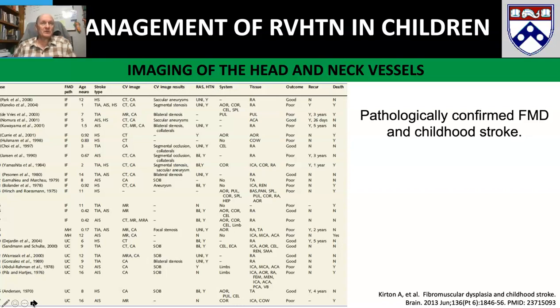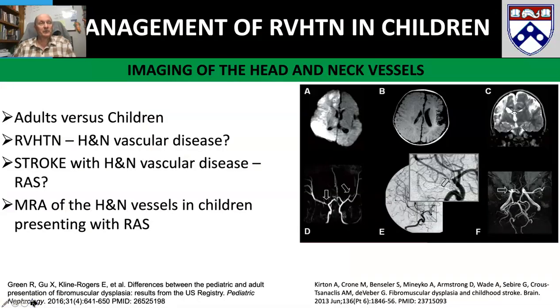But there's no good literature on if you present with renal artery stenosis and FMD, what's your risk of having a stroke, and how much vascular disease you're going to find. Certainly not like there is in adults, where this is now very well known.